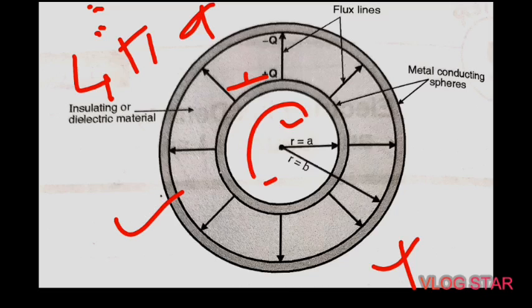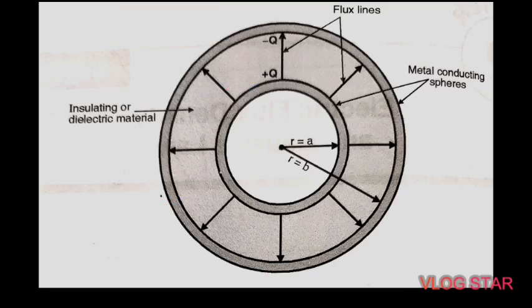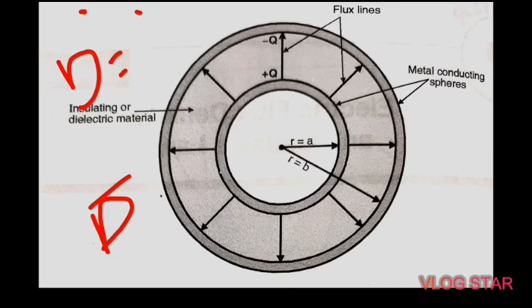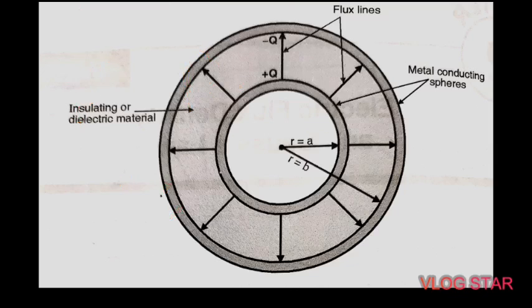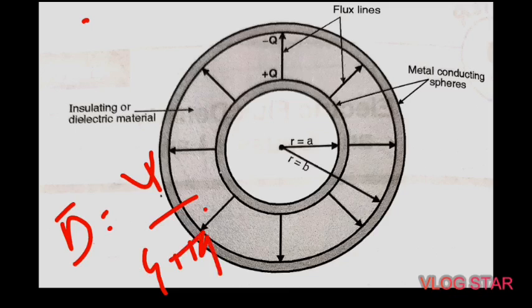Okay, so the density of this electric flux is called electric flux density, and it is a vector quantity denoted by the symbol D bar. This electric flux density is given by D equal to electric flux divided by surface area. As the area of the sphere is 4 pi a square, D bar is equal to psi upon area, that is psi upon 4 pi a square.